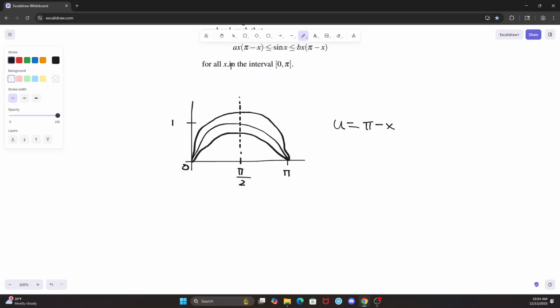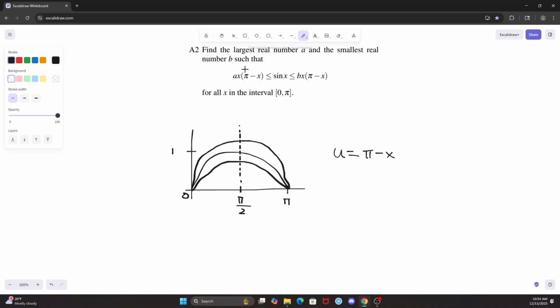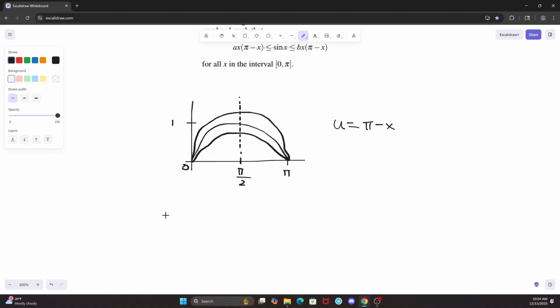So the entire expression is symmetric across pi over 2, and we can reduce the interval that we're looking at to just 0 to pi over 2.